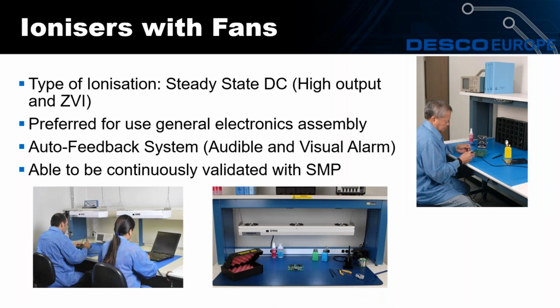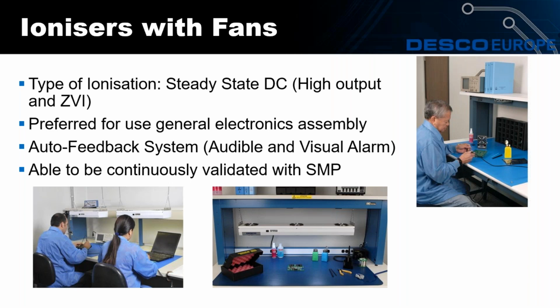Then we have our overhead and benchtop ionizers, which work on our steady state DC. This is the preferred ionization method for general electronics assembly. We've been talking about offset and balance, the same thing. Our ionizers in this particular range have an auto feedback system.